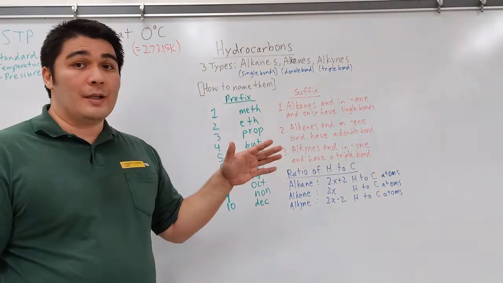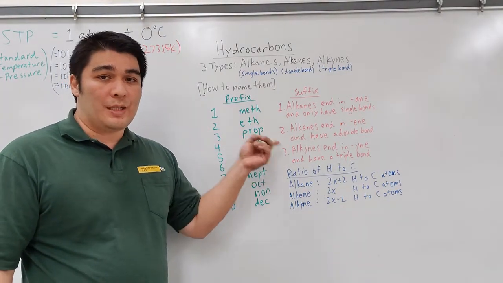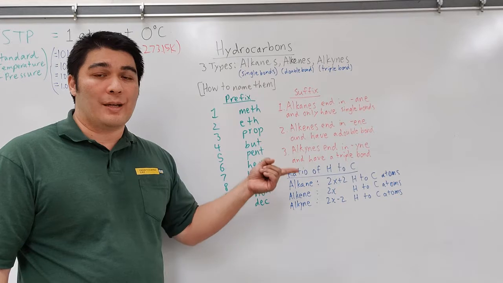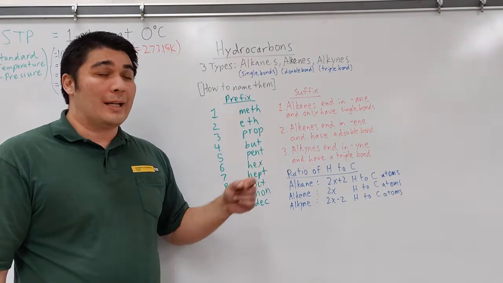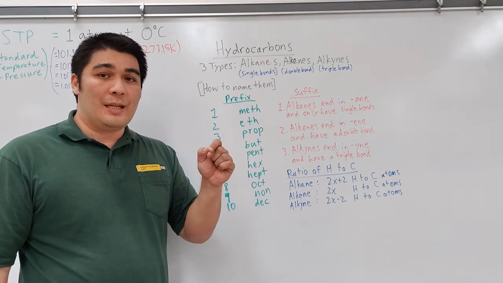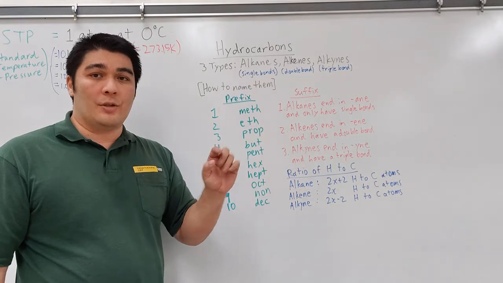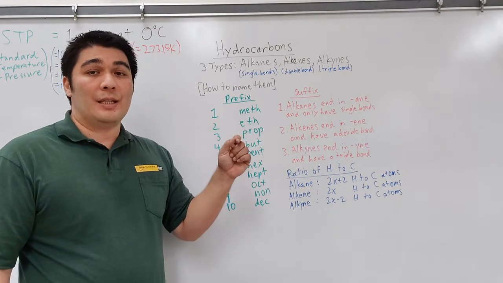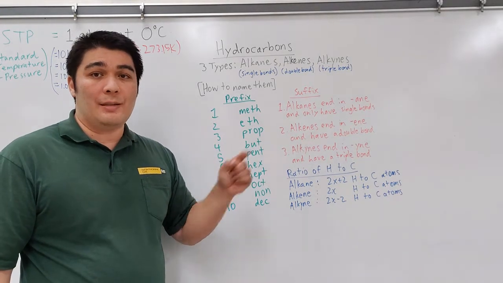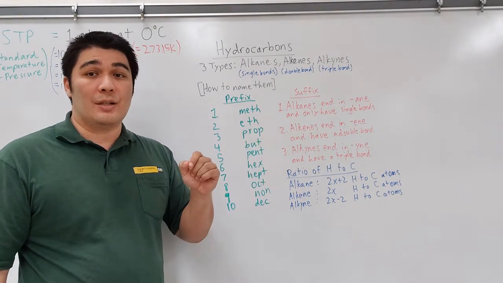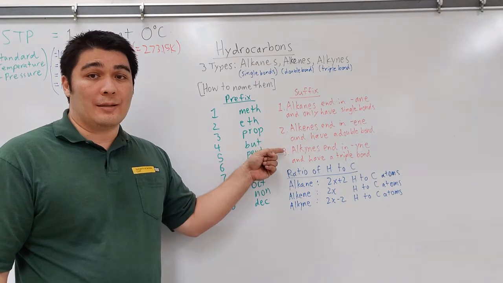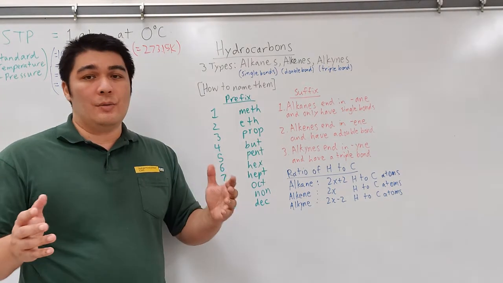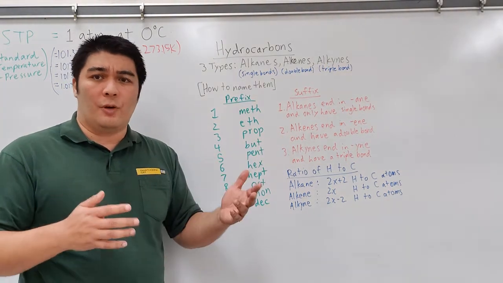And you can tell this because we'll see these rules play out a little bit more in the next video when I actually draw them out. But if you see in the hydrocarbon there are only single bonds, then it's an alkane. If you see that there is even a single double bond, it's an alkene, and if there's a single triple bond, it's an alkyne.